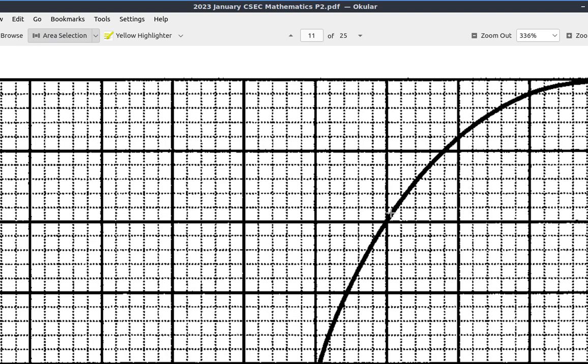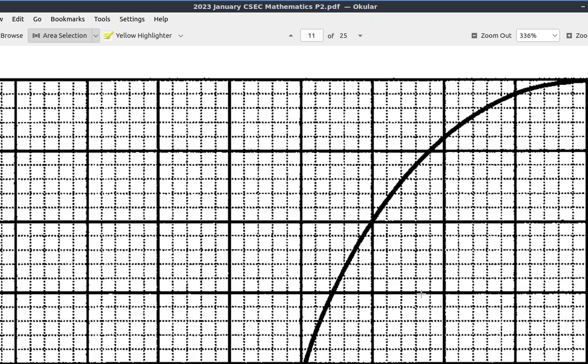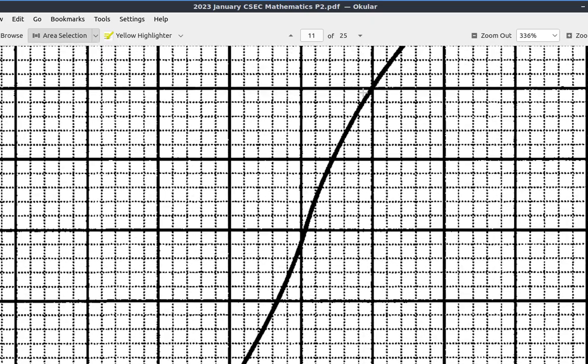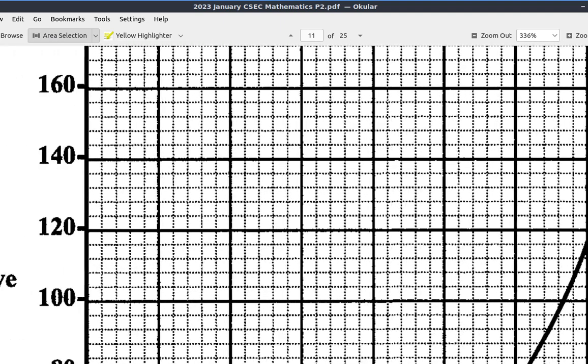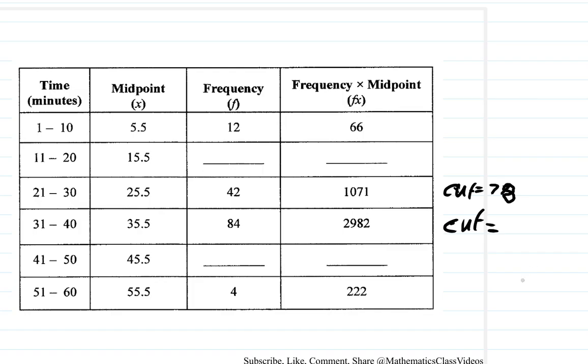We're looking at this thick line and then halfway between this thick line and the next square above it. So let's slide to the left. Remember, it's the last thick line that you're looking at, and halfway between it and the square above it. That would have been 162. The cumulative frequency here is 162.